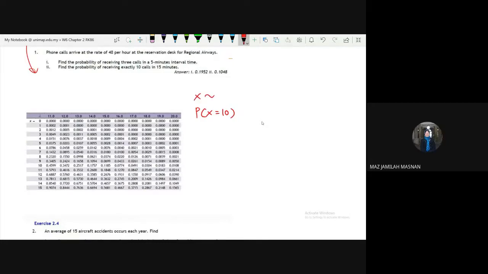So X follows Poisson 12, for 15 minutes. Exactly equal to 10 means that P(X ≤ 10) minus P(X ≤ 9).